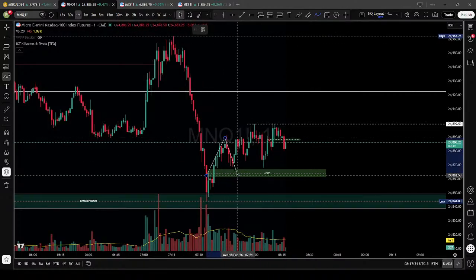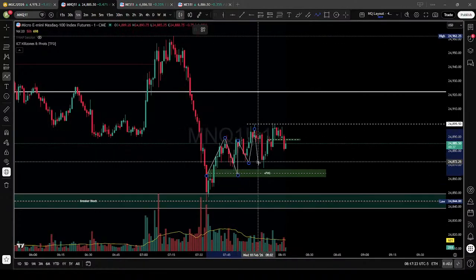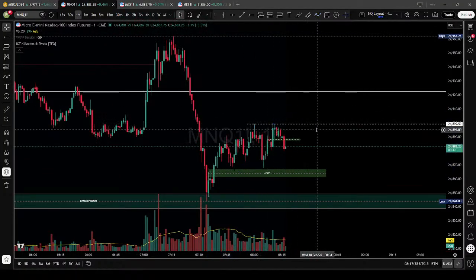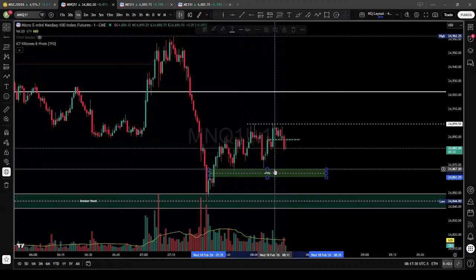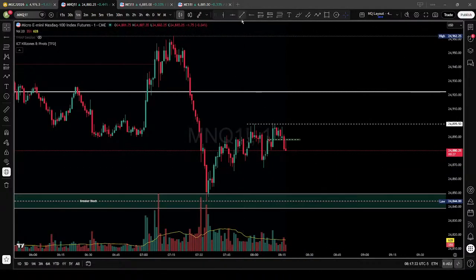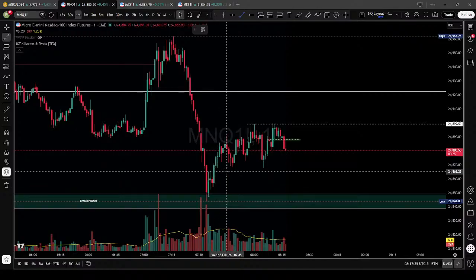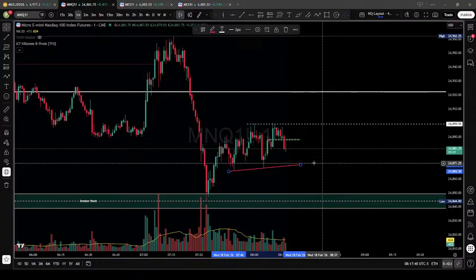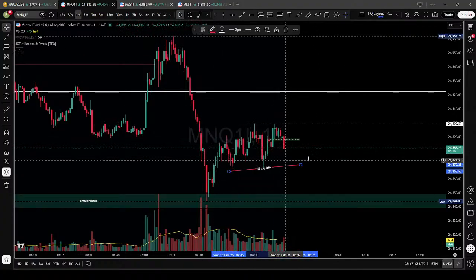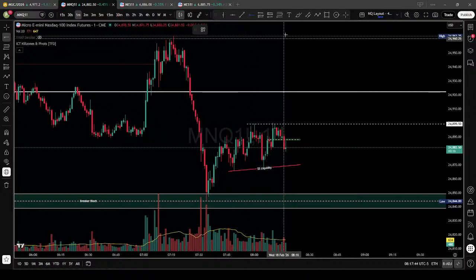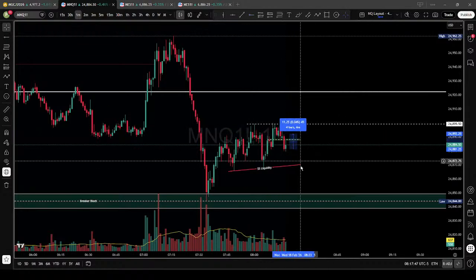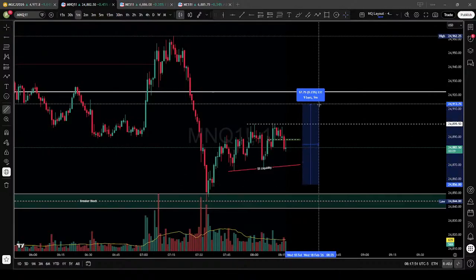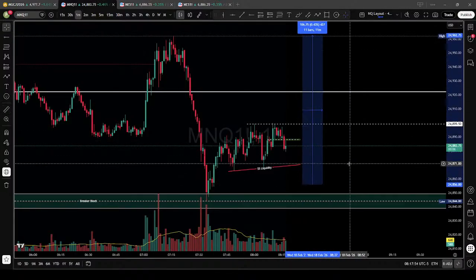Could be accumulation here. What I am interested in is, see how this is somewhat equal lows. This becomes a good draw on liquidity. If the price takes down this low and gives us a good inversion, then we might be looking for longs for a 100 points target.